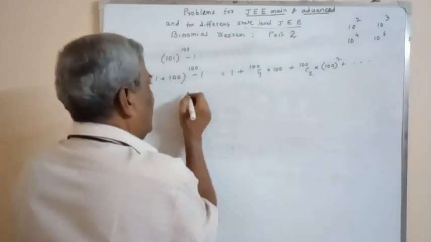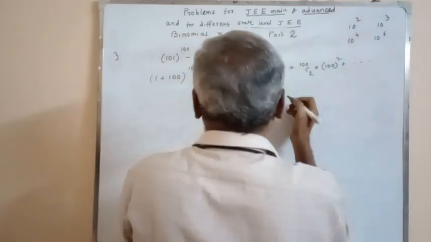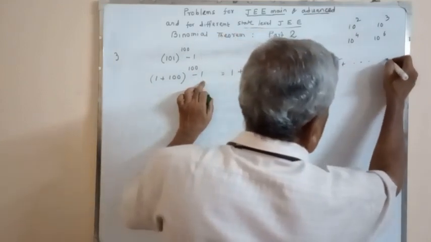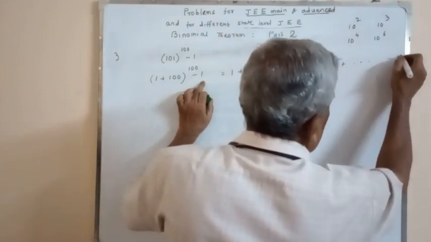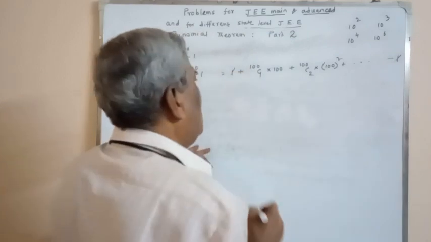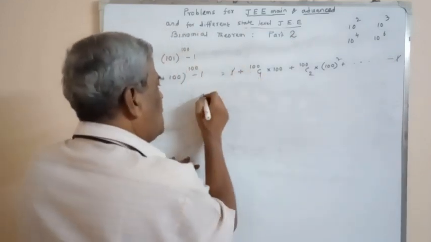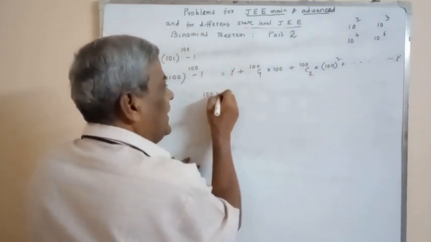Then there is a minus 1, so the 1 and that minus 1 cancel. So it is equal to 100 into 100.